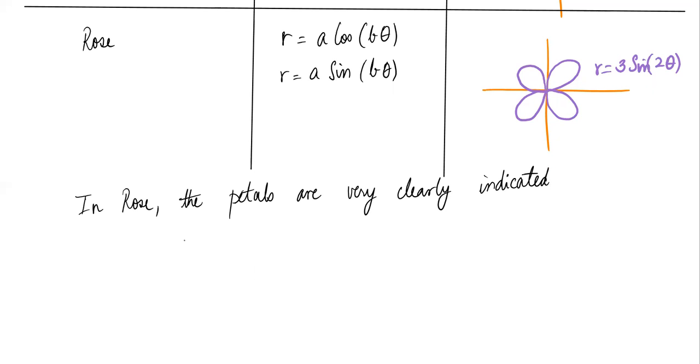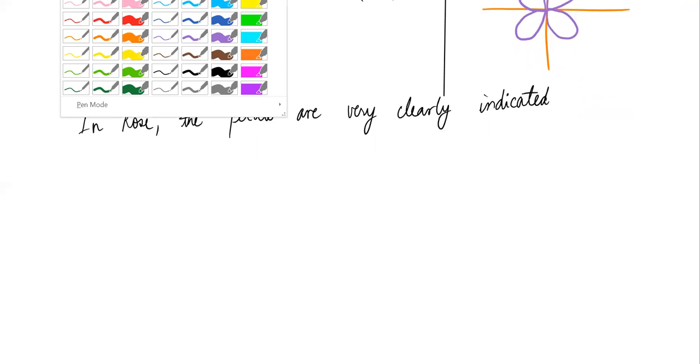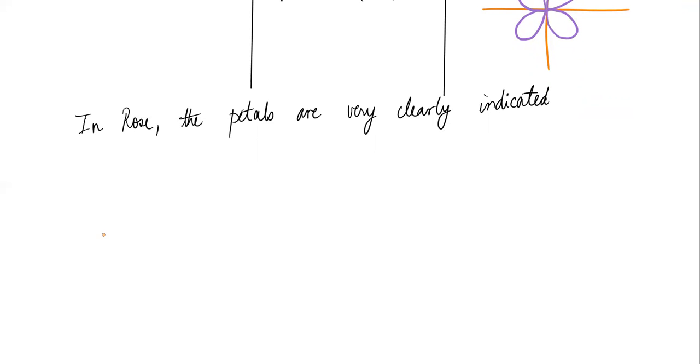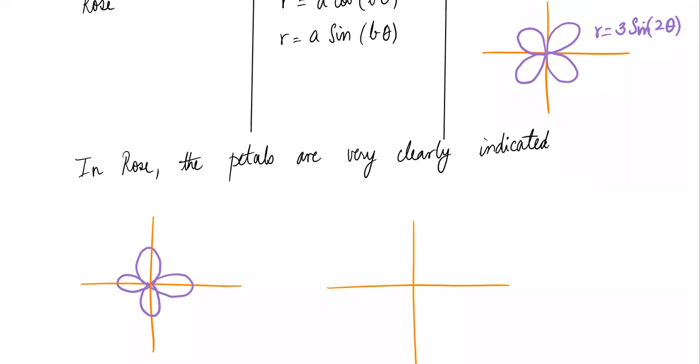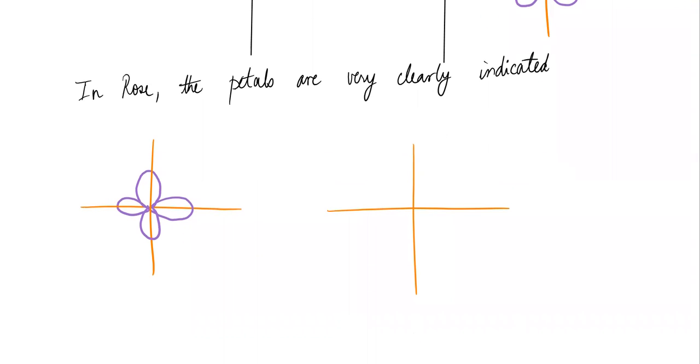Well, let me draw the petals for you. Compare this with what we have there. There it was within each quadrant. Here it is kind of overlapping in 2 quadrants at a time, right?